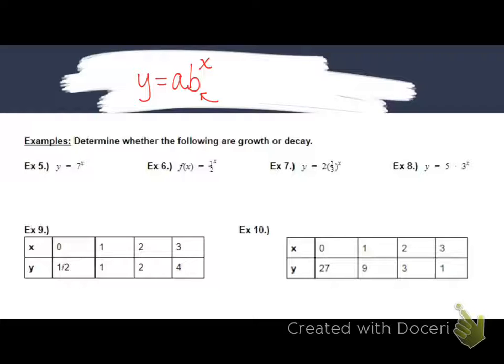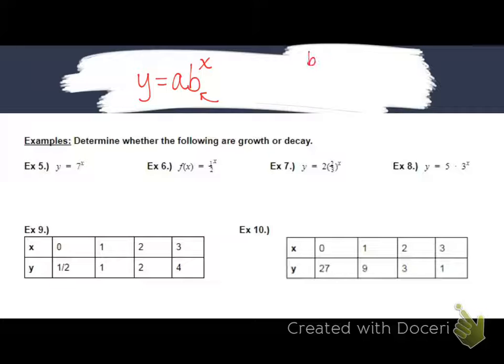Okay, so on the slide before, it said that if b is greater than 1, it was what? B greater than 1, it was growth. B less than 1, it is decay.